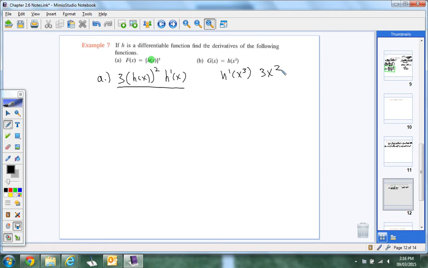Same as the other one, except, see, this is a little different. So we're taking the derivative of this whole thing, so we're calling that the h prime. So this one doesn't have an x cubed. It's the only difference. I mean, it's a little bit different. And the derivative of the inside would be 3x squared multiplied.